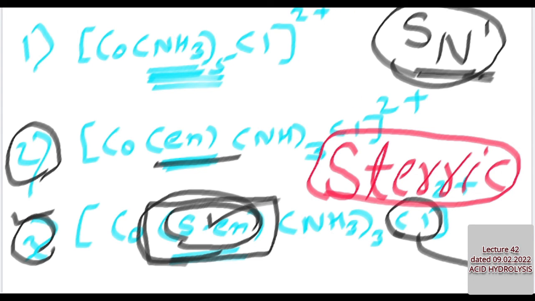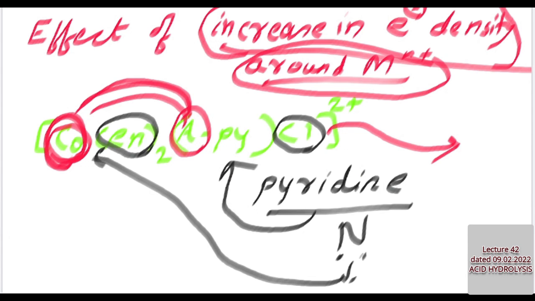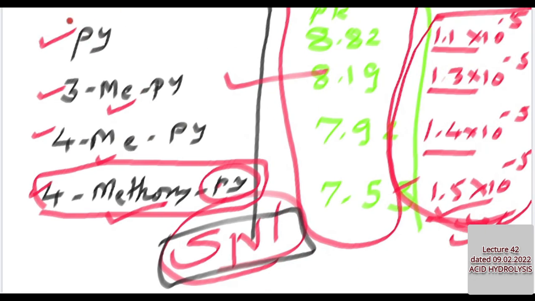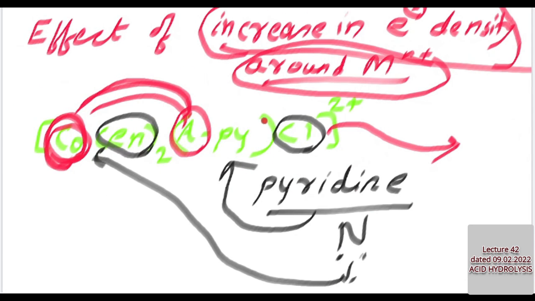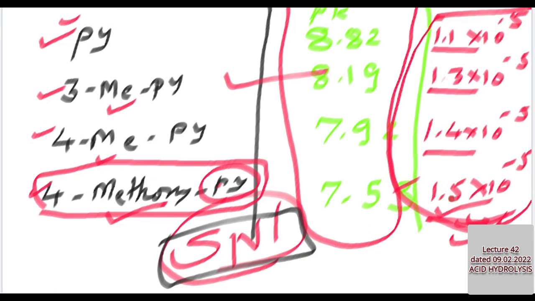It is because of the steric effect. The third factor is the effect of increase in electron density. For that I considered pyridine and derivatives of pyridine, methoxypyridine, which is a better base than only pyridine. Methoxypyridine can give more electrons to the cobalt than simply pyridine, so it increases the electron density, and the rate of the reaction was found to be faster for such complexes. It proves the mechanism is SN1.